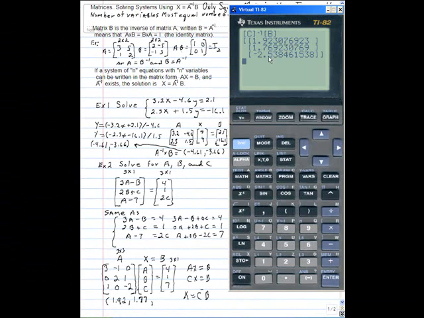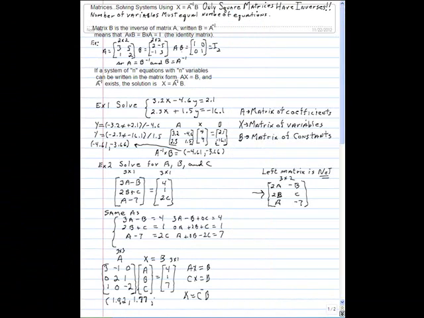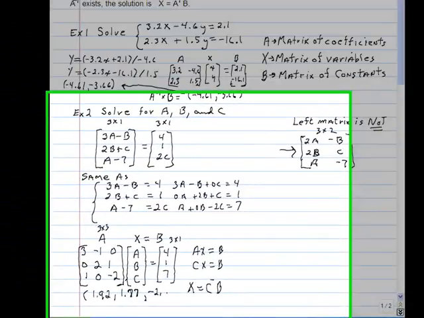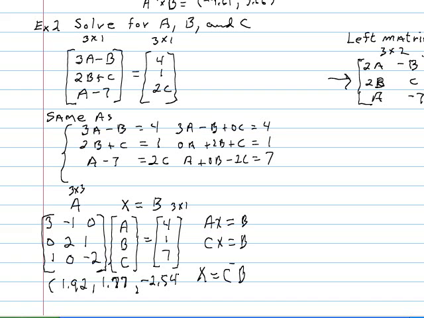See the 3 answers. Z is negative 2.54. That's a very appropriate way. That's called an ordered triple. In an ordered triple, the first number is your X, the second number is your Y, the third number is your Z, and we have solved a 3 by 3 system.